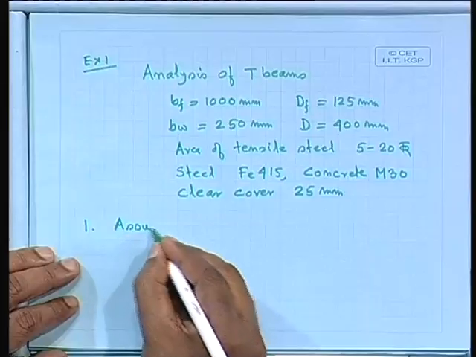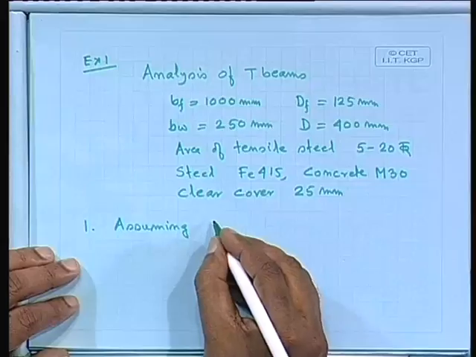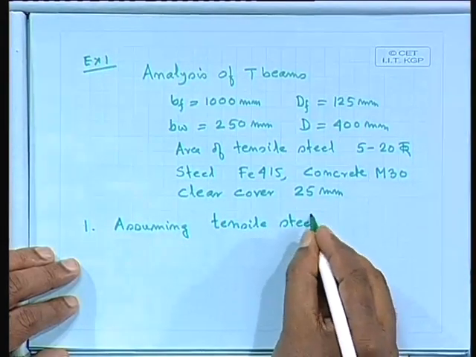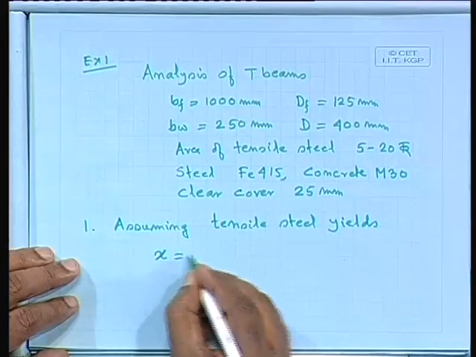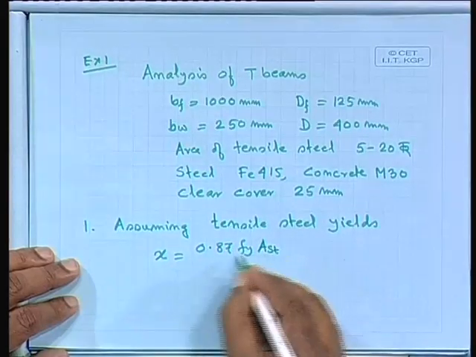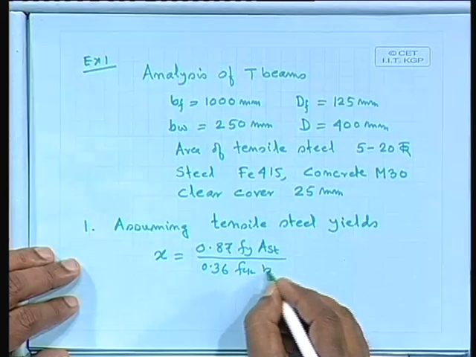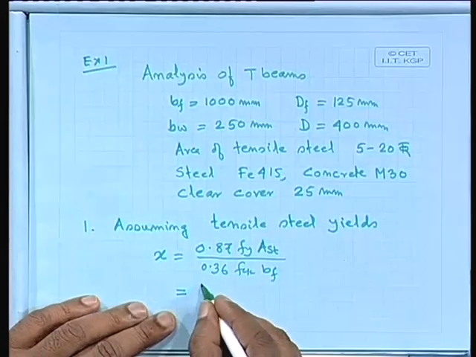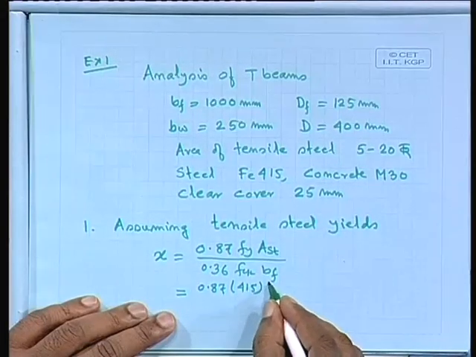Assuming that tensile steel yields, X equal to 0.87 FY AST divided by 0.36 FCK times BF, equals 0.87 into 415 times area of steel.